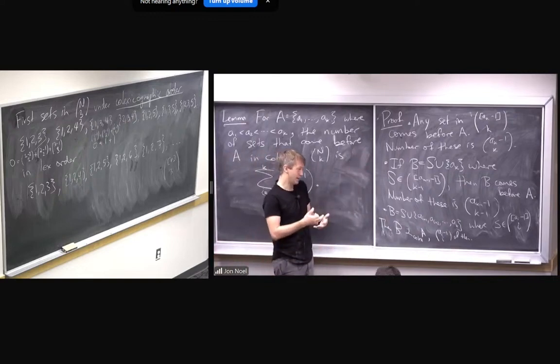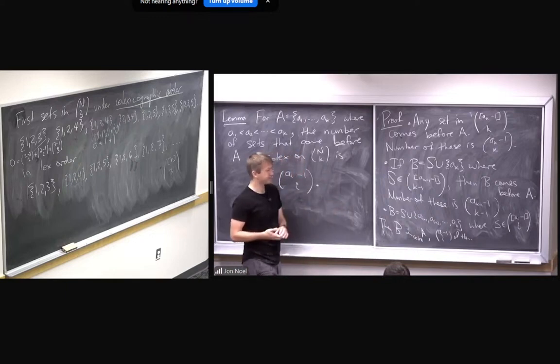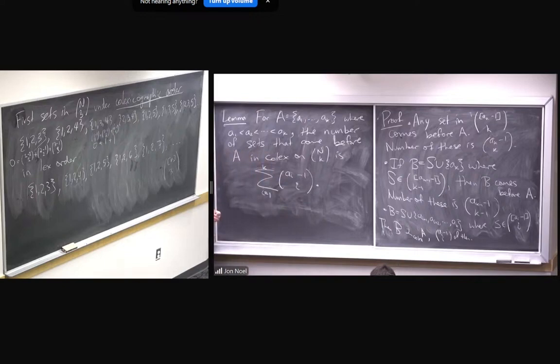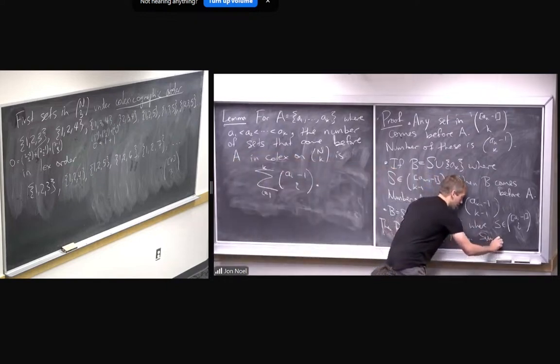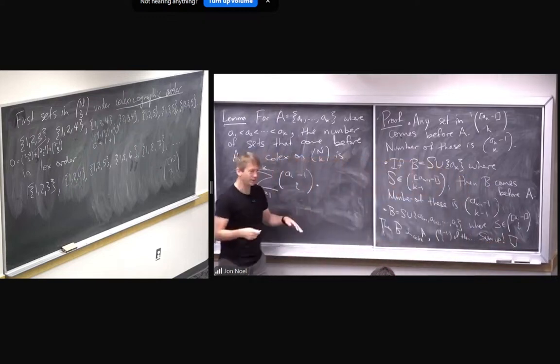And then if you think about it, this is counting everything that comes before A exactly once, right? So breaking up cases based on how many large elements they share. So sum up all these things, and then you get the answer, right?